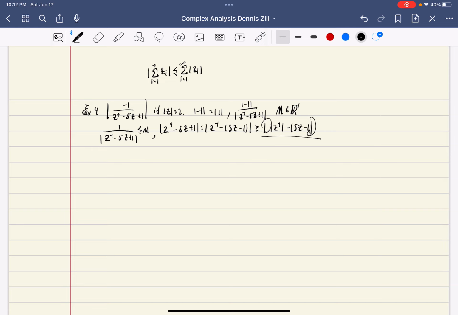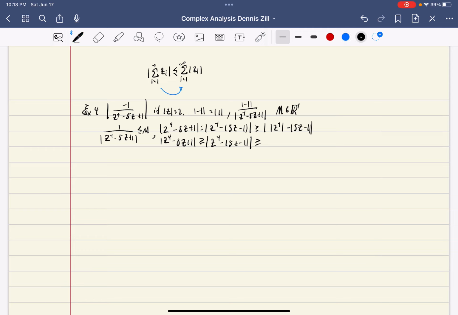Because you see over here. Well, then you can say that this z to the 4 minus 5z plus 1 is greater than or equal to the modulus of z to the 4 minus the absolute value of 5z minus 1. Really, that is just equal to, if we distribute the absolute value in there, the modulus. So basically you want to shrink it, you want to make this into this, right?